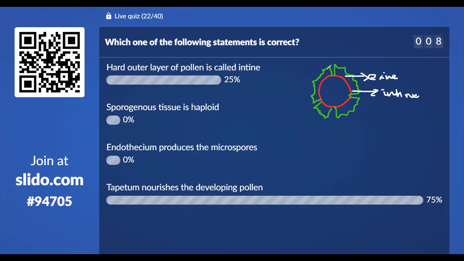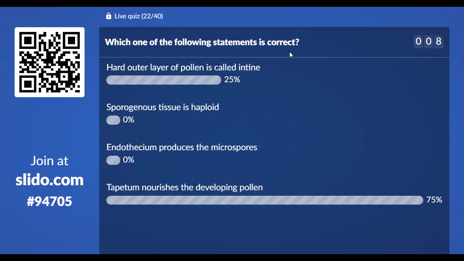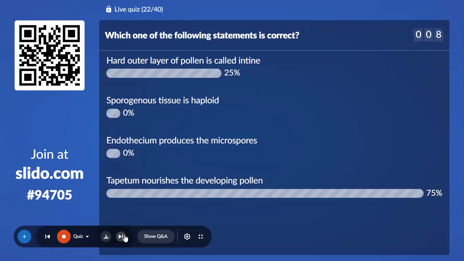And this outer layer is made up of what? Sporopollenin, which cannot be degraded by any enzymes or acid. The pollen tube grows through one of the germ pores where sporopollenin is absent. Very poor, guys. Answered the simple questions wrongly.